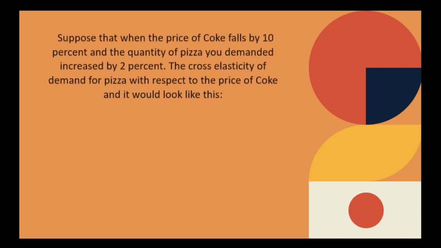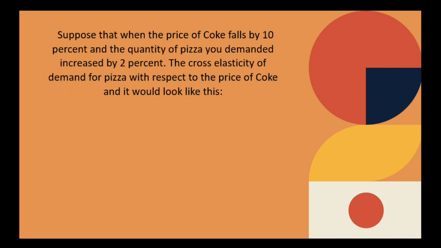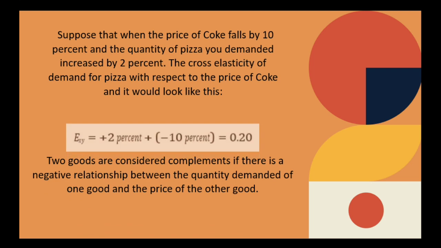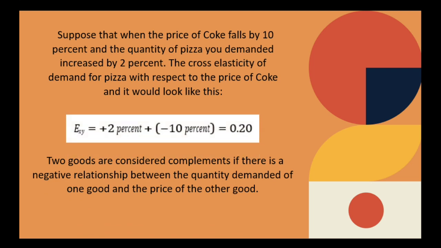Now, suppose that when the price of Coke falls by 10%, the quantity of pizza demanded increases by 2%. So the cross elasticity of demand for pizza with respect to the price of Coke would look like this. So the two goods are considered complements if there is a negative relationship between the quantity demanded of one good and the price of the other good.